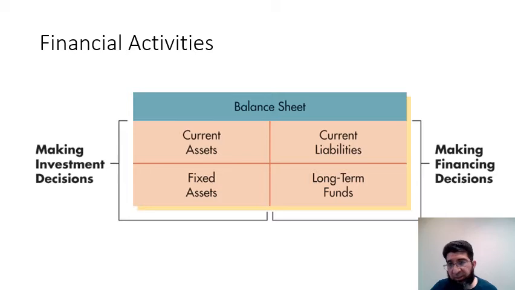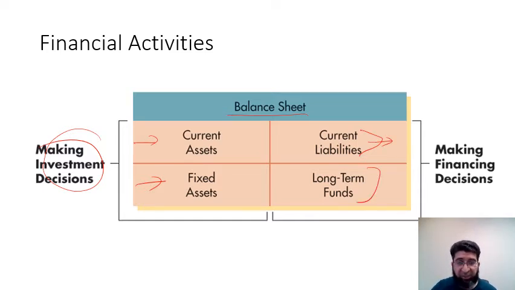There are investment decisions and there are financing decisions, and in a standard balance sheet, what is invested in current assets, how much invested in fixed assets, gives us an idea of the firm's investment strategy, from where to arrange the funds, and from where to arrange the long-term funds. For the fixed assets, we would require the long-term funds.